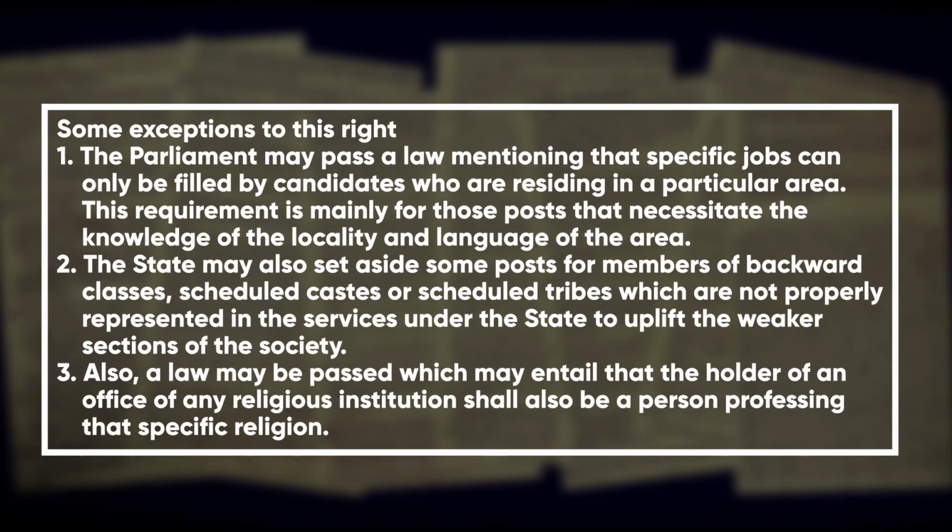1. The Parliament may pass a law mentioning that specific jobs can only be filled by candidates who are residing in a particular area. This recruitment is mainly for those posts that necessitate the knowledge of the locality and language of the area. 2. The state may also set aside some posts for members of backward classes, scheduled castes, or scheduled tribes, which are not properly represented in the services under the state, to uplift the weaker sections of the society. 3.